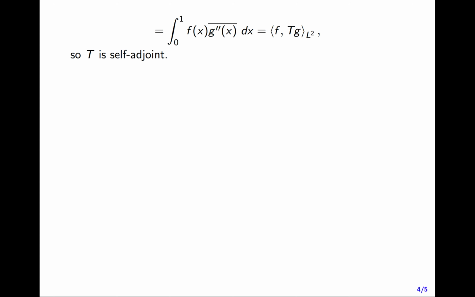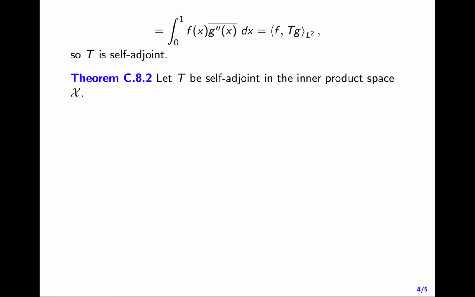The important thing here was not just that T was the differential operator, take the second derivative, but that we allowed it to have the domain with all those nice boundary conditions that forced the boundary terms on integration by parts to become 0. That was critical to making T self-adjoint.